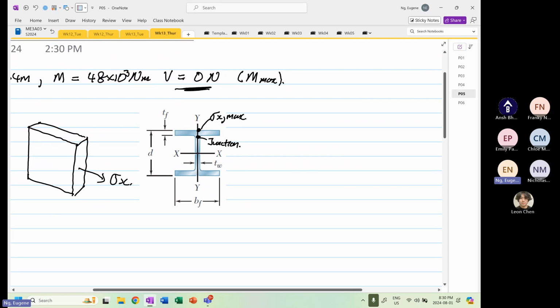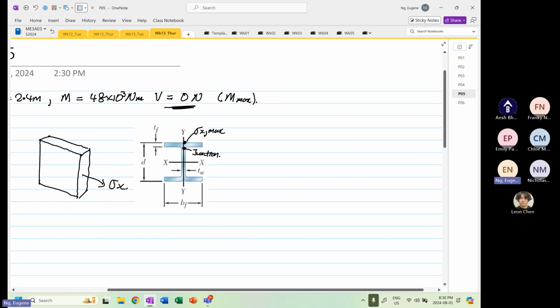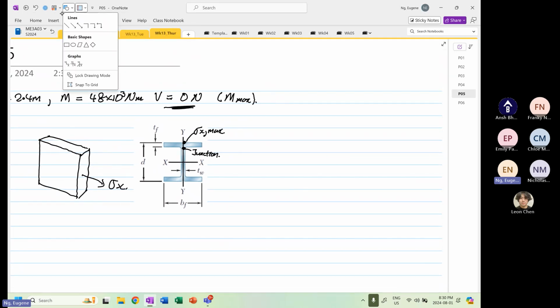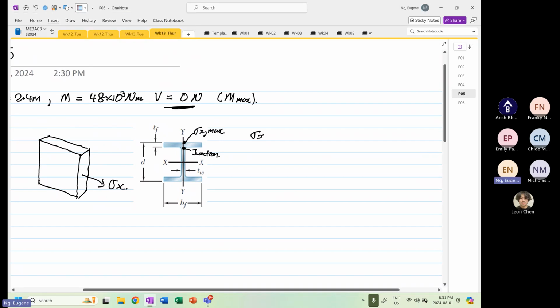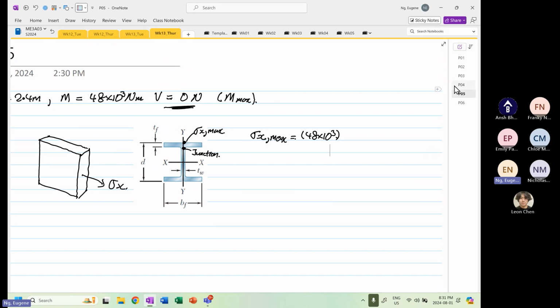So for this case, to calculate our stress max or stress X, you have to determine the max. So this will be equal to the moment, again, is 48 times 10 to the power 3. I need to get the whole table.